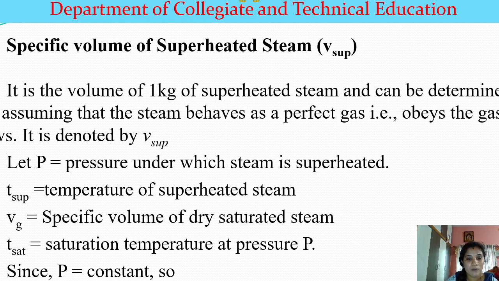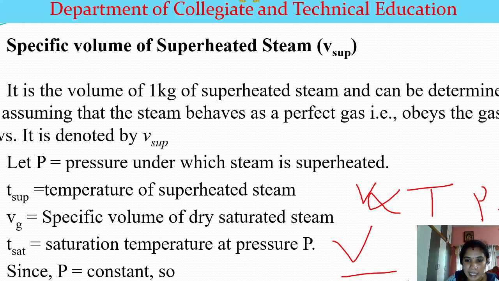According to Charles' law, the volume is directly proportional to temperature when pressure is kept constant. So V by T equals constant.